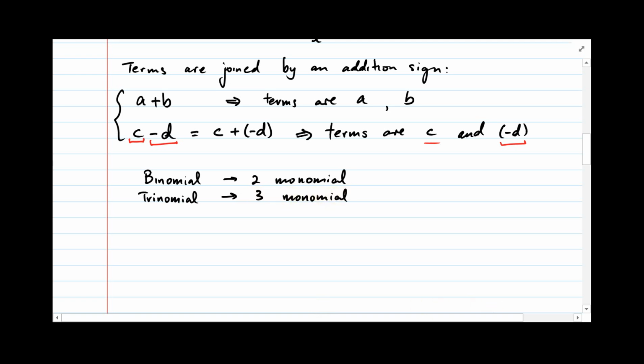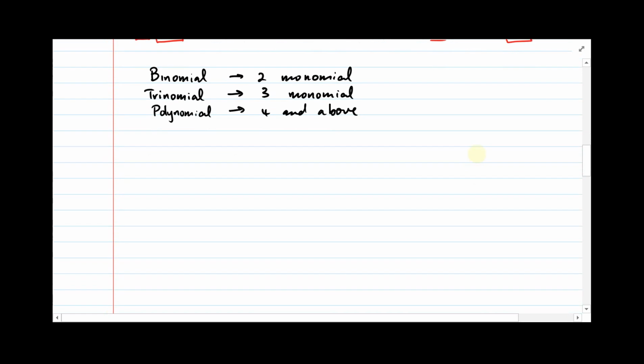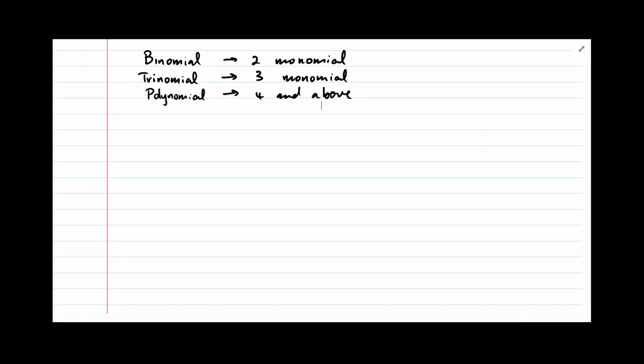But in general, we just reserve the term polynomial for 4 and above, right? When we're joining them together. The entire class is a set of polynomials, whether it is a single term or many.